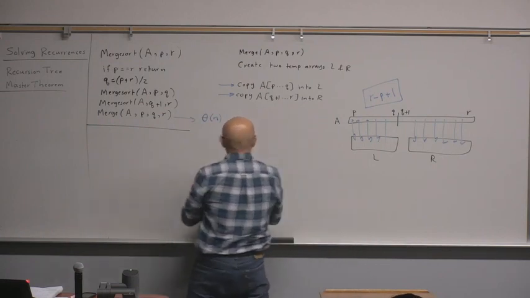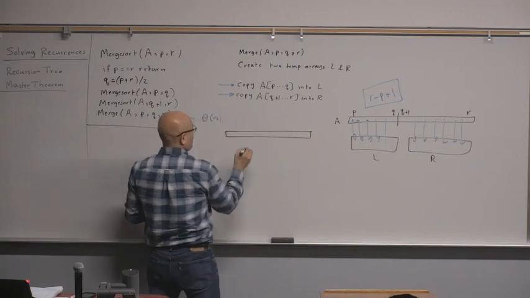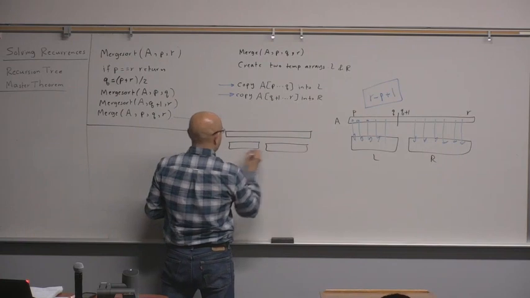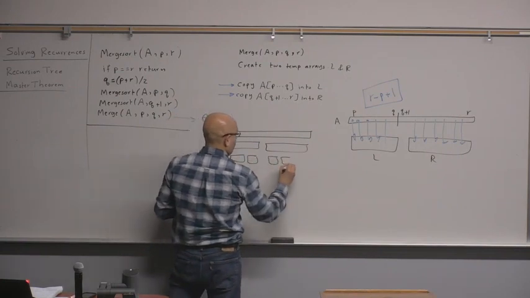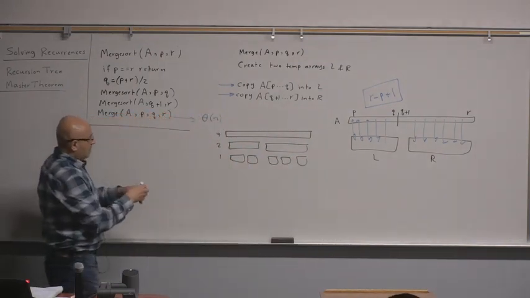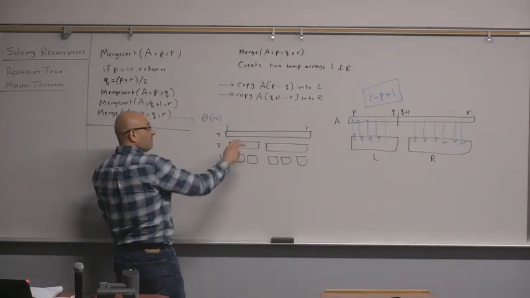But if you draw, so let's draw size 4. So this is size 4, then size 4 is divided into 2 and 2, then 1. Okay, so at this level, this is P and this is R. At this level, there are two.